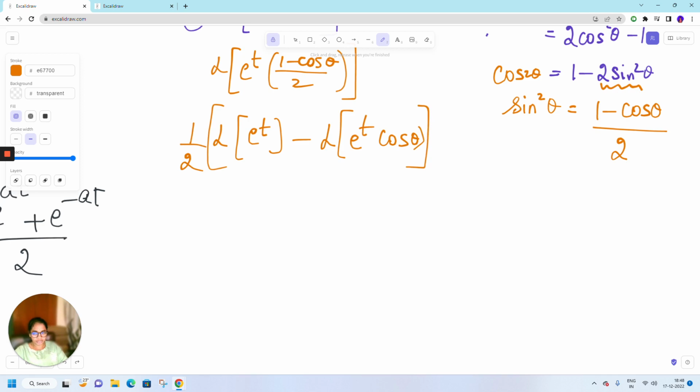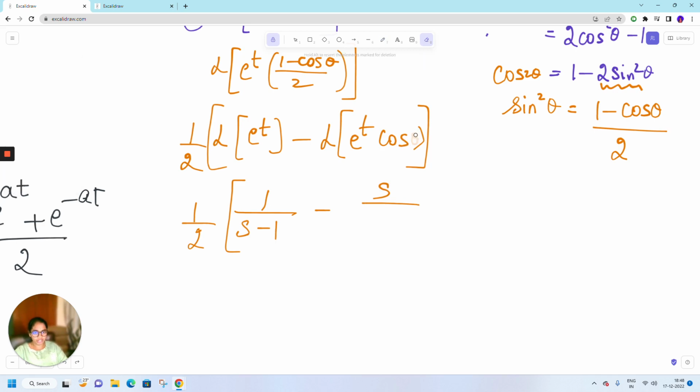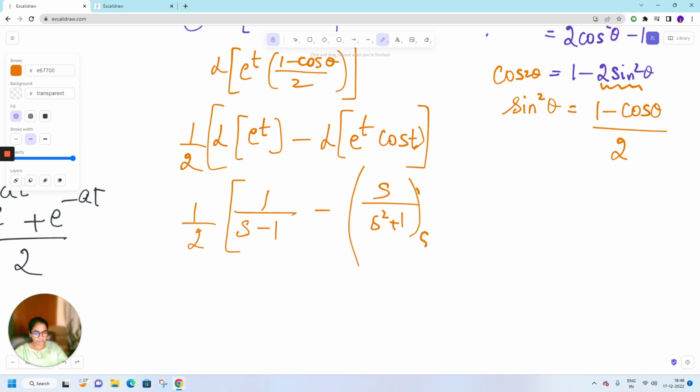Yes. Now, what is Laplace of e power t? That is 1 divided by s minus 1 minus s divided by, okay, this is theta. It is not theta, it is t. S divided by s square plus 1, because we have cos t, the coefficient of t is 1, so it is s divided by s square plus 1. What do you replace s with? We replace it with s minus 1.